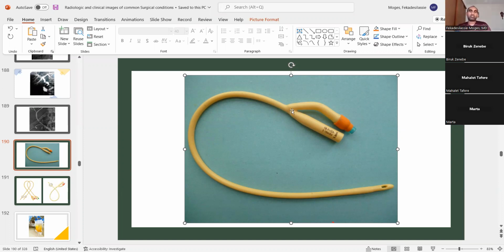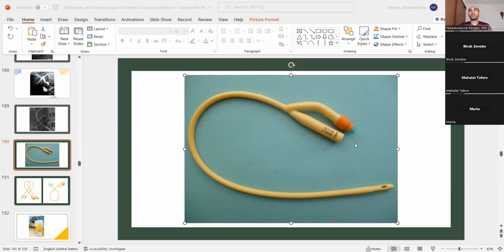Does anybody know? Excellent. We inflate it. What is inflated? The balloon. Excellent. So there is a balloon which can be inflated. The balloon is located right here.